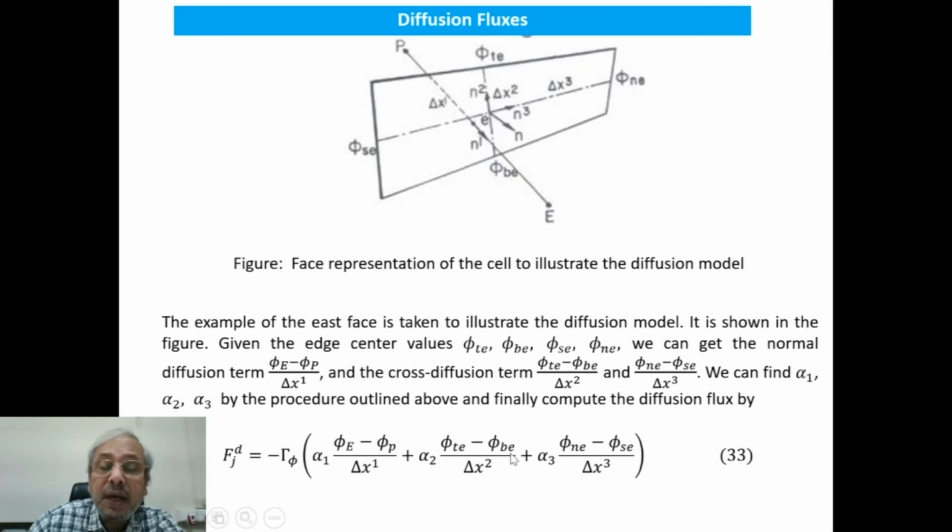So phi T minus phi B by delta x2 into alpha 2 plus phi NE minus phi AC by delta x3 into alpha 3. These are the diffusion fluxes in the cross normal directions, and this is basically the normal diffusion flux. Equation 33.